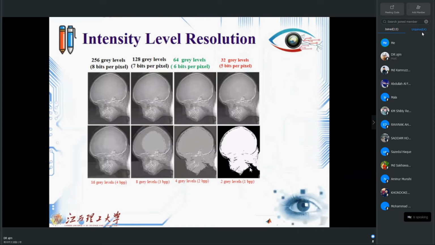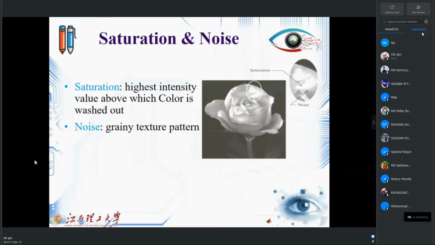That is why, when you want to upload some document, suppose for your visa application or any process, they tell you that your resolution or your DPI should be a certain value, 300, 200, 250, something like that, because they know that their system can recognize up to this much resolution. It's a very critical concept.